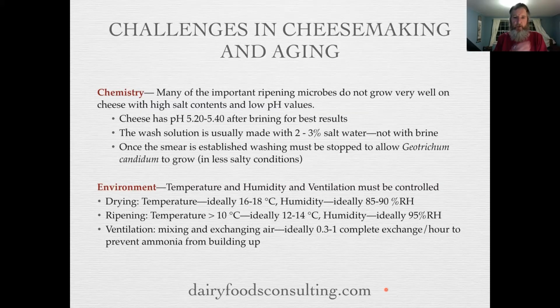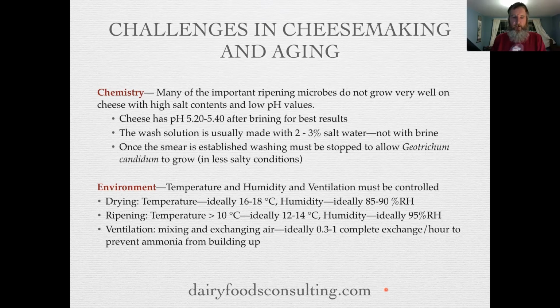You're getting a PDF of this, so I don't really need to read it, but just remember that for soft ripened washed rind cheeses, quite a bit of oxygen is used as these microbes grow. And they also produce ammonia more strongly than any other type of cheese aging process. So that last bullet point about exchanging the air is really important.